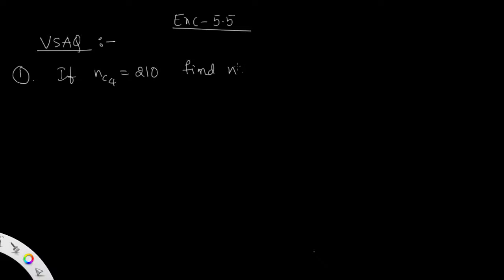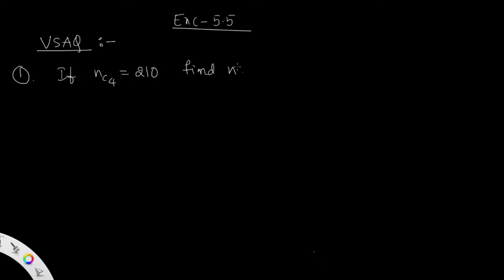So what is the value for n? They are asking. For nC4, just now we have learned the formula: n into (n minus 1) into (n minus 2) into (n minus 3) divided by 1 into 2 into 3 into 4. And similarly nC4 equal to the value given, 210.